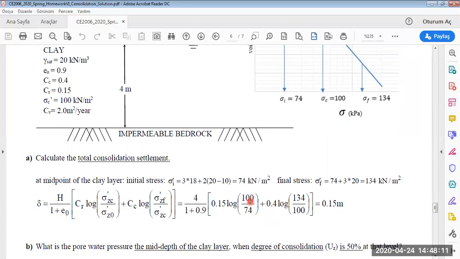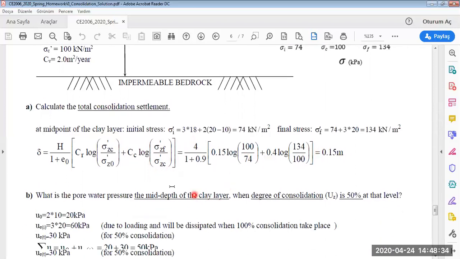This is the pre-consolidation pressure, this is the initial effective stress, this is the final effective stress, and again this is the pre-consolidation pressure. So we use this height as meters, so we find the result as meters.